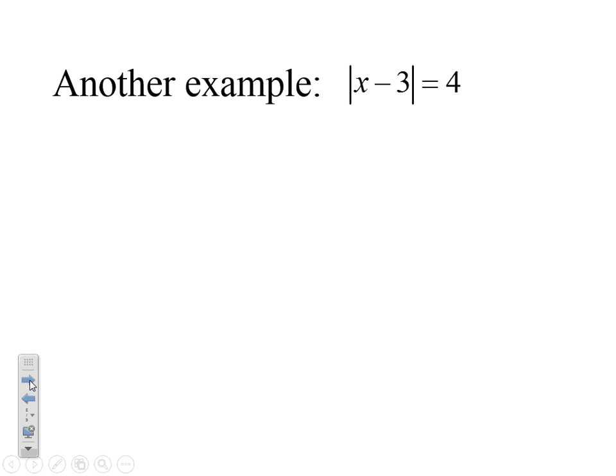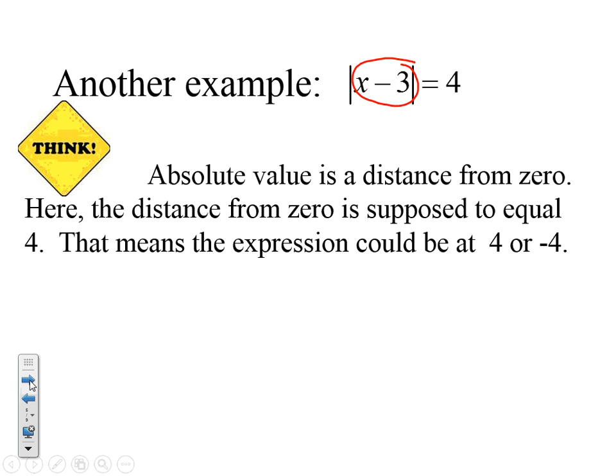Now this example is a little different. Again, don't write this one in your notes. This one, instead of having just an x inside, has an x minus 3 inside those absolute values. But think with me, we're still asking ourselves the same question. Absolute value is a distance from 0, so the distance from 0 is supposed to equal 4.